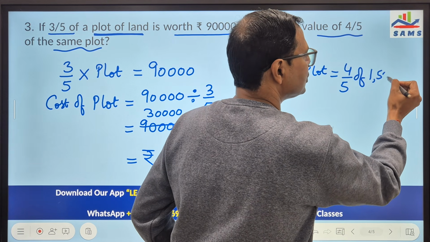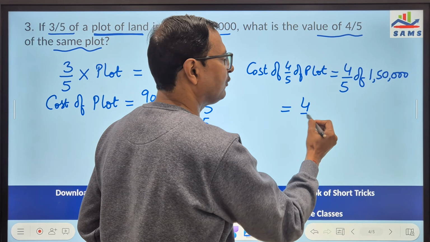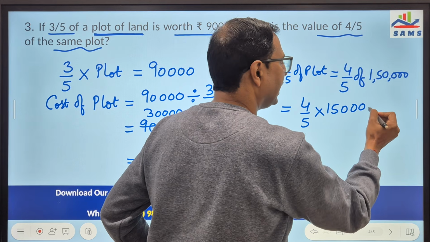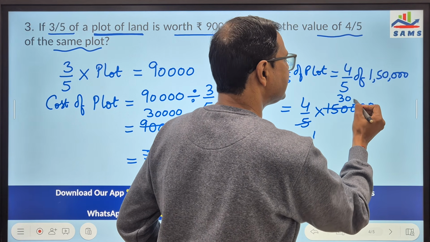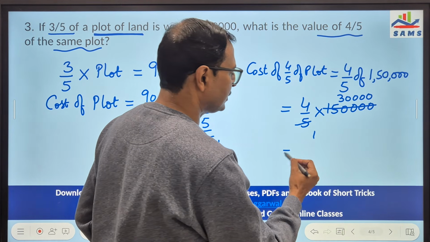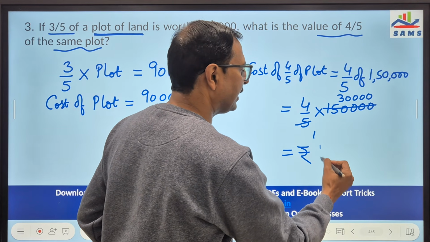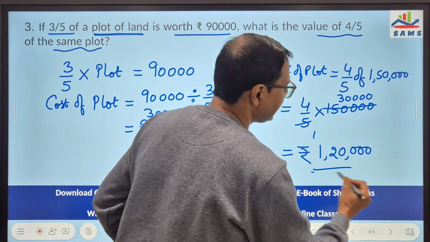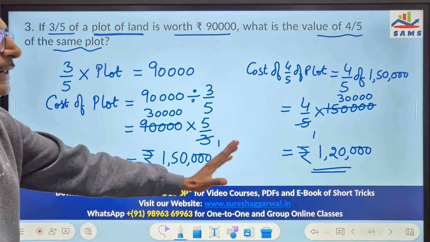So we need to do the operation here, which gives me 4/5 multiplied by 1,50,000, and I can cancel 5, 5 30,000 times, and therefore your answer for the question will be rupees 30 into 4, 120, 1,20,000 is the answer. Now see how we have manipulated the question and how we got to the correct answer.